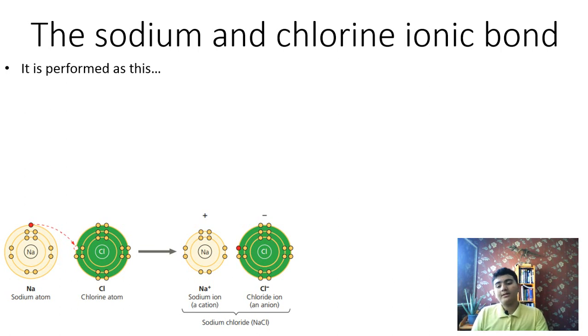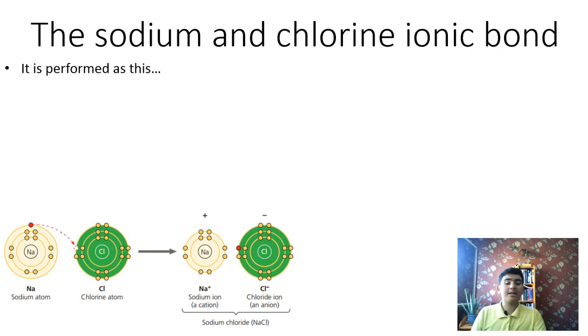Here we can see the phenomenon taking place. Sodium, as this arrow shows, loses one electron to chlorine. So chlorine gets a one negative charge, and sodium gets a one positive charge, because it has lost an electron and chlorine has gained the negatively charged electron.